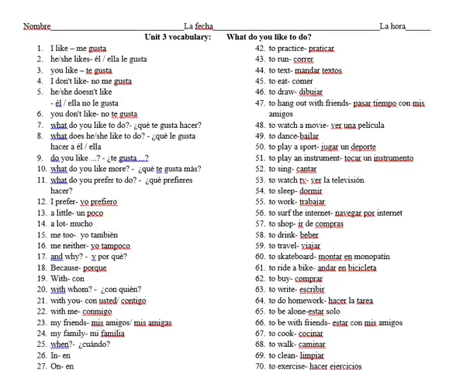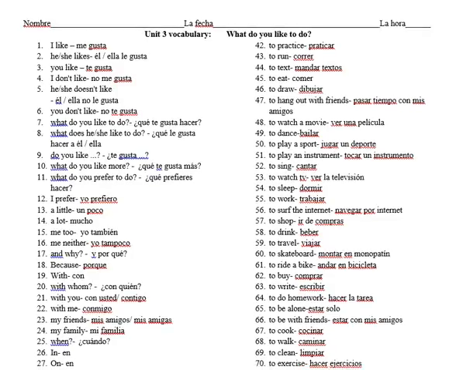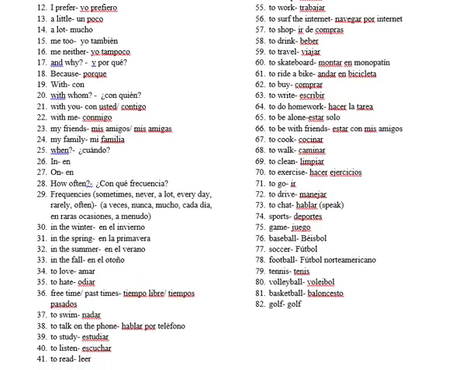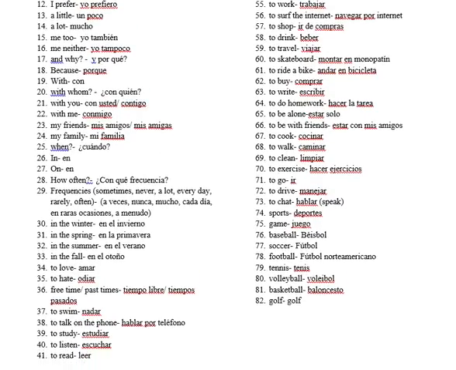If there's something that you would like to add onto your skit, remember that you can go to www.wordreference.com to help you find a different verb that you would like to use, or you can come and ask me and I can help you find some. But I would prefer you to use the verbs that are within your Unit 3 vocab. So remember that you can use these different verbs to help you fill in your chart or your skit.